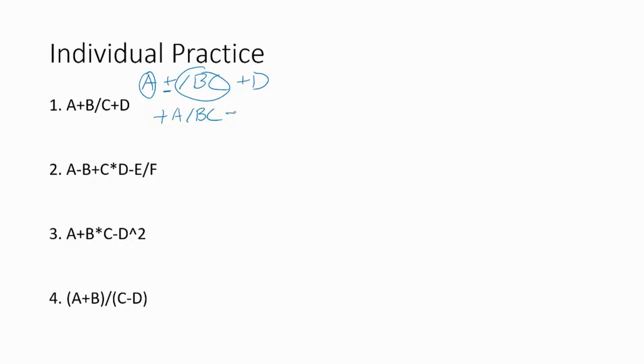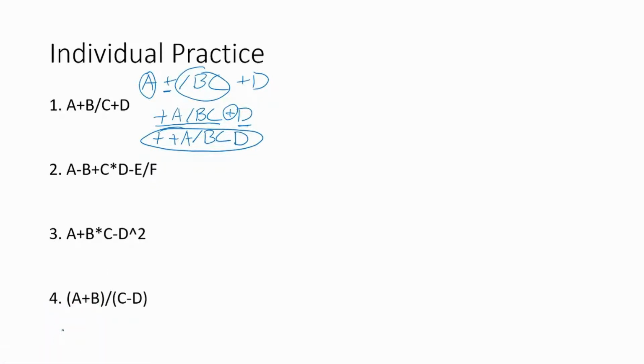Now all I have left is a plus D. So that's my operator I'm going to do. So this all right here is my first operand, and this is my second operand. So my final answer turns out to be plus, and then my first operand, plus A divided by B, C, and then my second operand, D. That is my final answer.